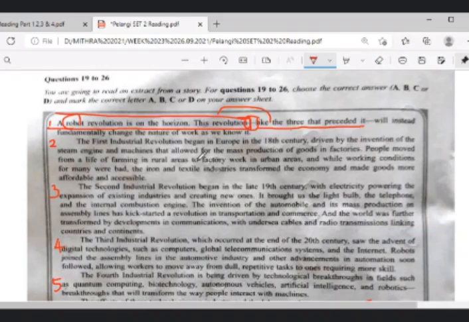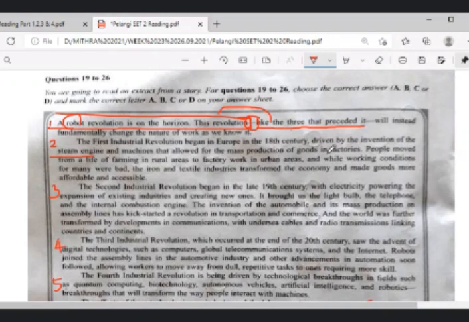So the clue is here: steam engine. Because of the steam engine and machines that allow mass production of goods in factories, the industrial revolution developed.